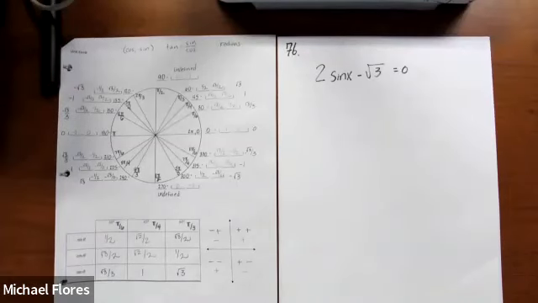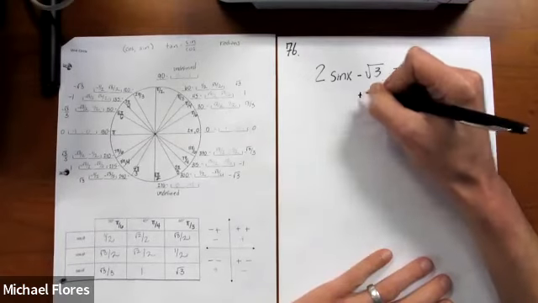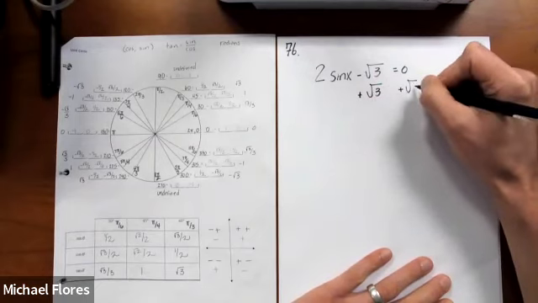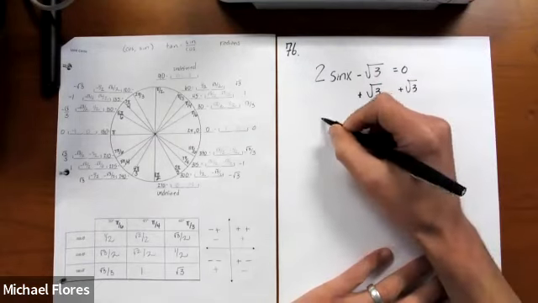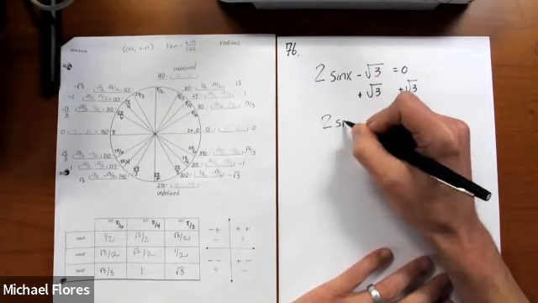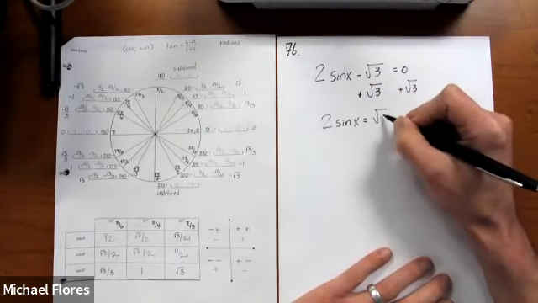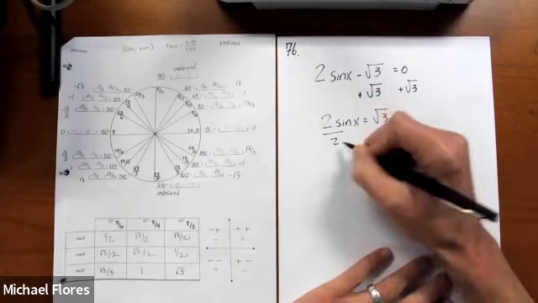Example 76. In order to begin solving this one, you're first going to want to add root 3 to both sides. Then divide by 2.